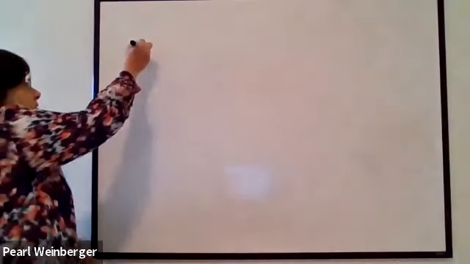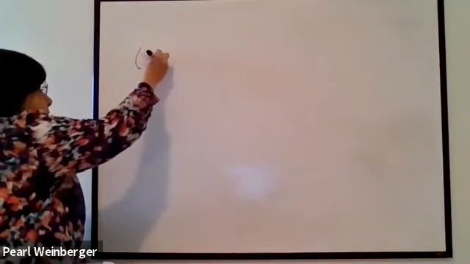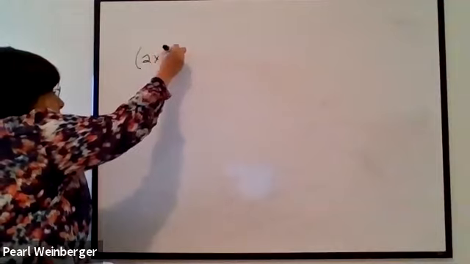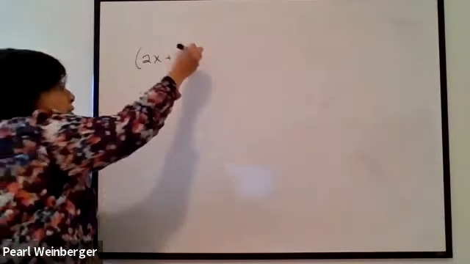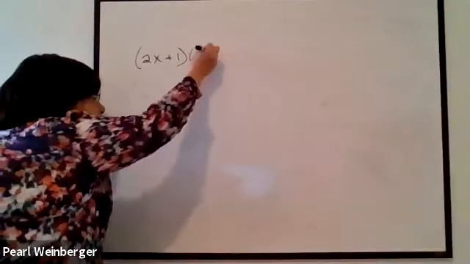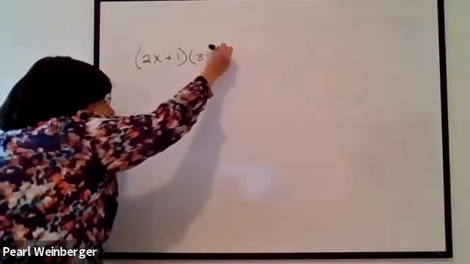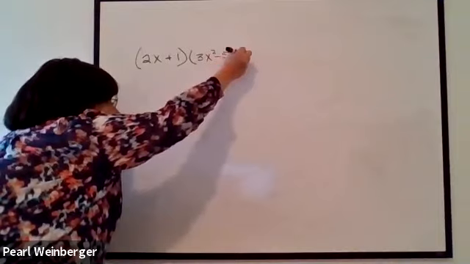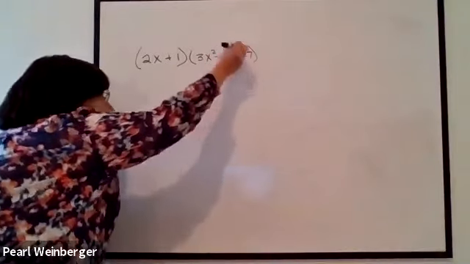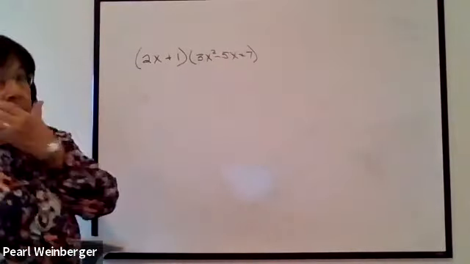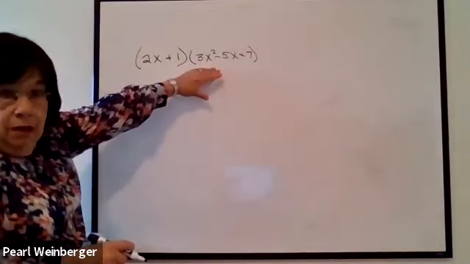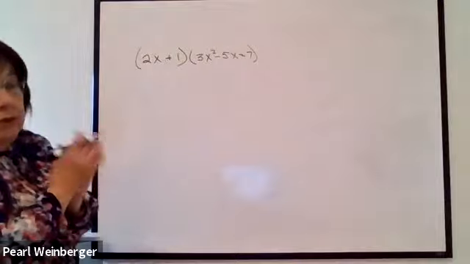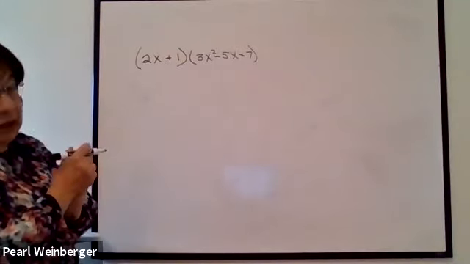What if I have, let's say, a binomial 2x plus 1 times the trinomial 3x squared minus 5x plus 7. How can I multiply any 2 polynomials together?